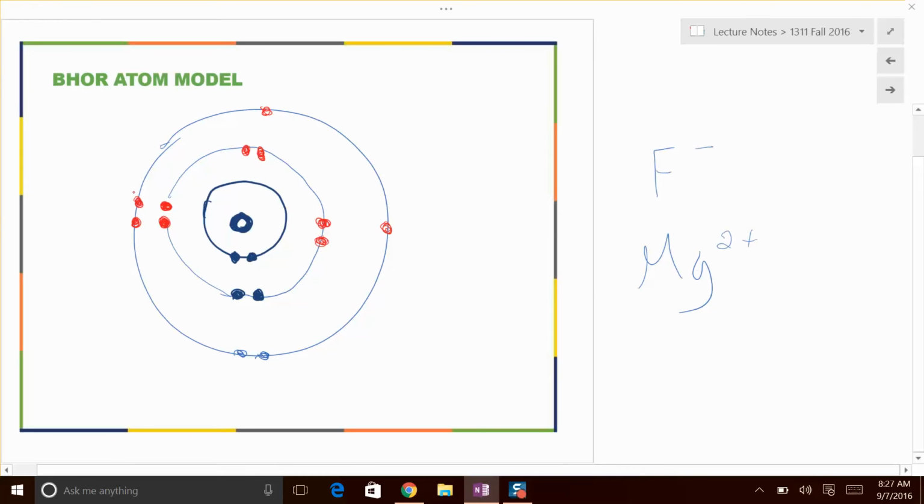Sulfur, chlorine. Actually, let's go back to sulfur. Okay? Sulfur has how many valence electrons? 6. Do you see how it has 2 electrons that are unpaired? Doesn't like that. So what is it going to do?